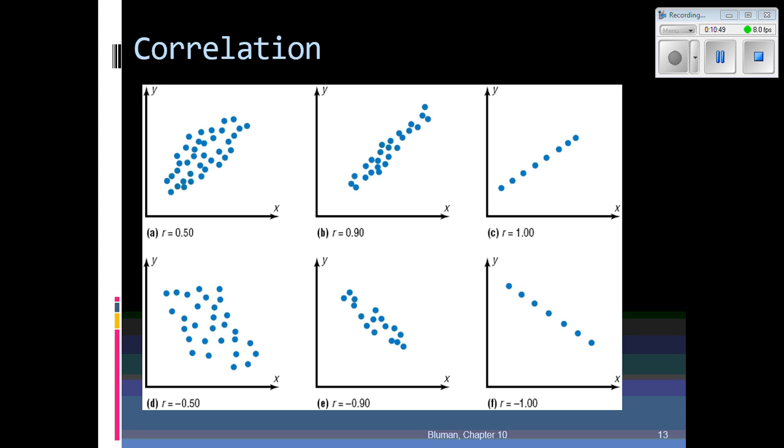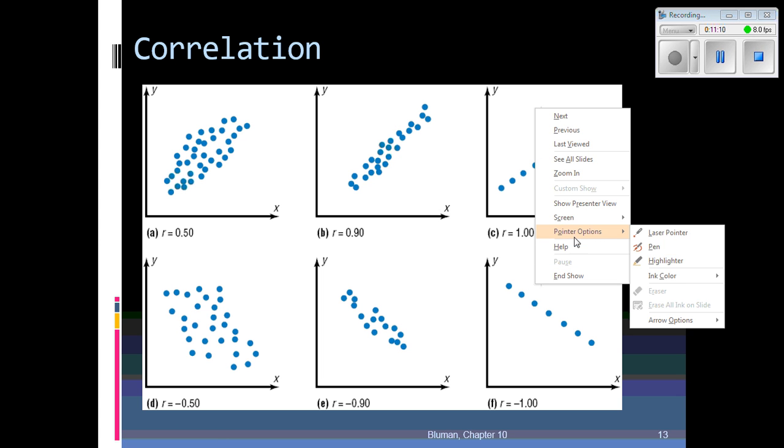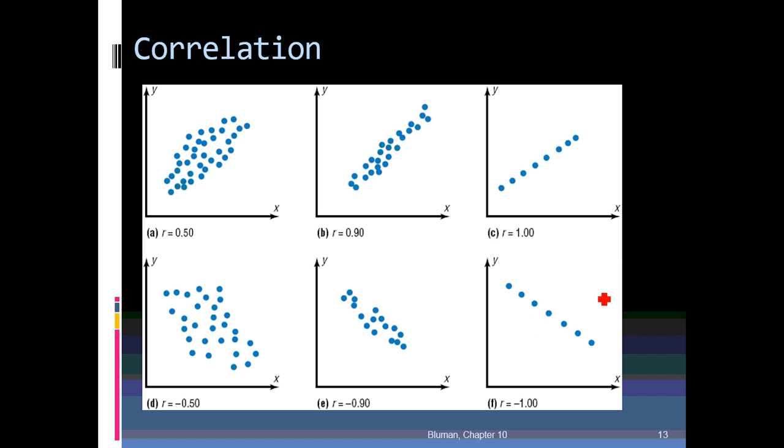And the complete opposite when you look down here at your negative values. Really spread out is negative 0.5. Getting a little bit closer is negative 0.9. And a perfect linear relationship is negative 1. Now, if we were to look at 0, we'd basically be looking at a graph that was all over the place. We'd have points all over.